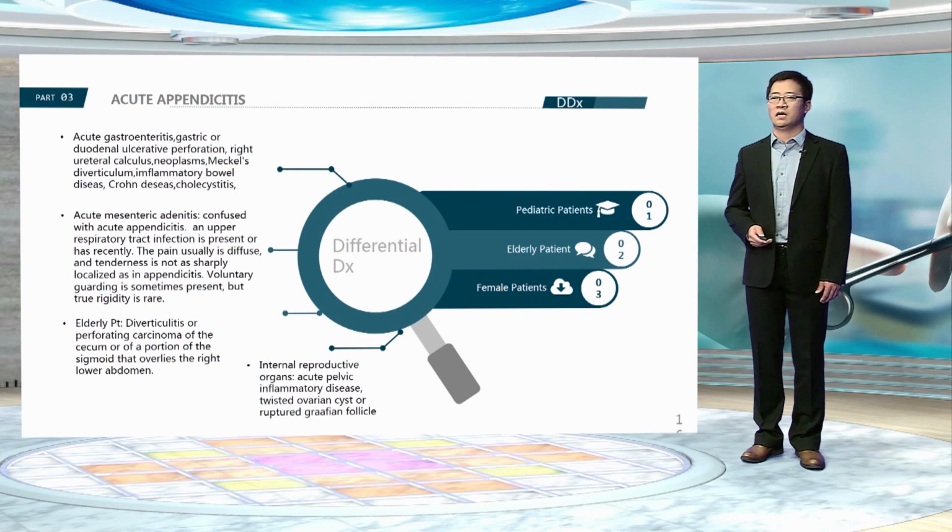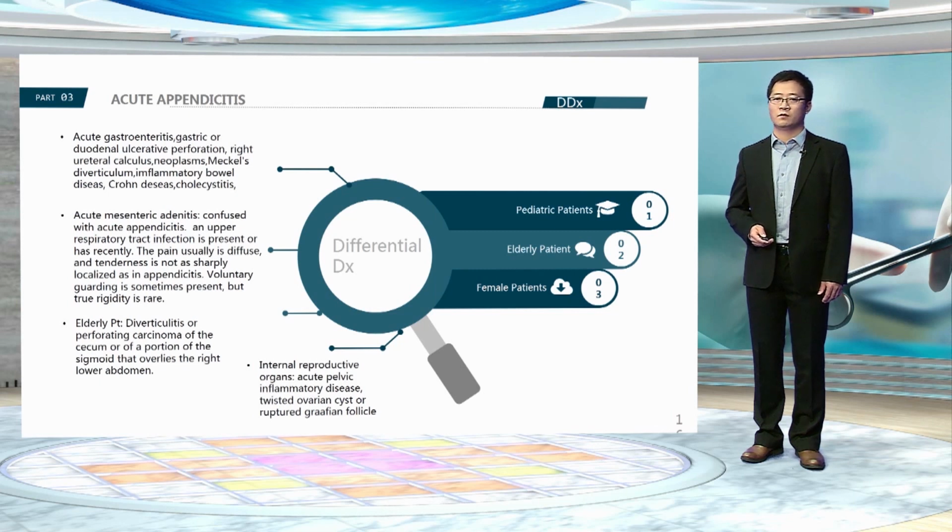For young pediatric patients, acute mesenteric adenitis may mimic appendicitis. That disease usually has an upper respiratory tract infection, and the pain usually is diffuse, and the tenderness is not as sharp as in acute appendicitis. The pain is also not usually localized as in appendicitis.